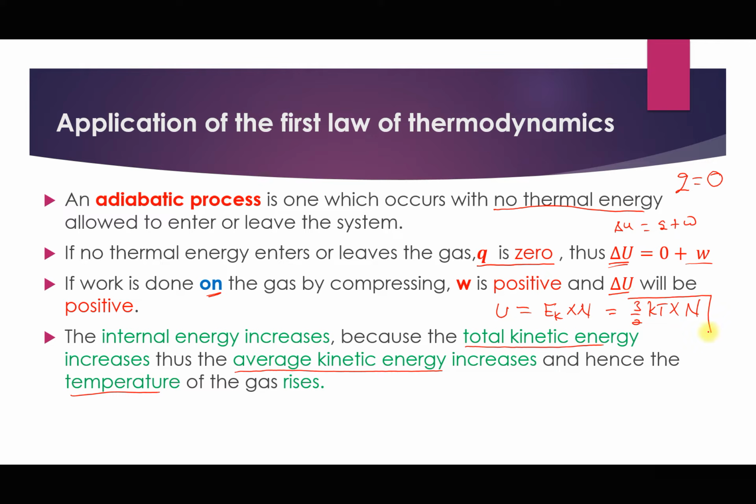This would give us the total kinetic energy of all the molecules which make up the gas, which is going to be equal to the internal energy of the gas, if the gas is ideal. Because if the internal energy increases, the total kinetic energy increases, which means the average kinetic energy increases, and hence the temperature of the gas increases, because temperature is the average kinetic energy of all the molecules which make up the gas.